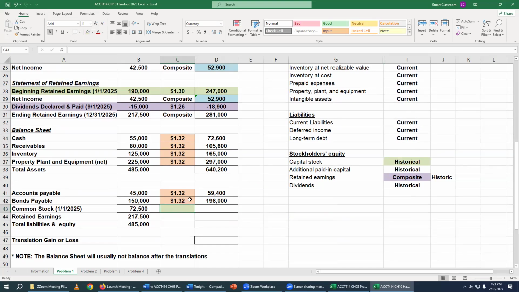There you go. Retained earnings. This will be from up here.